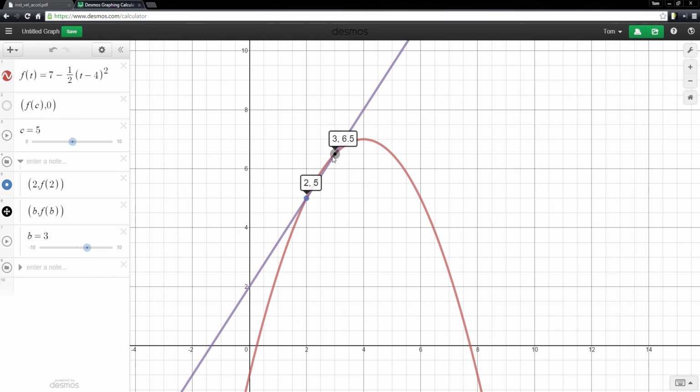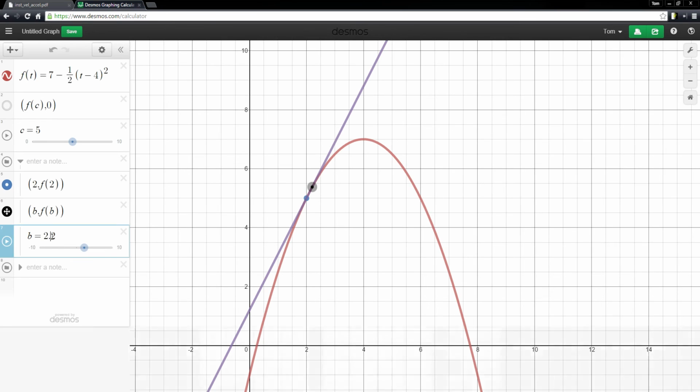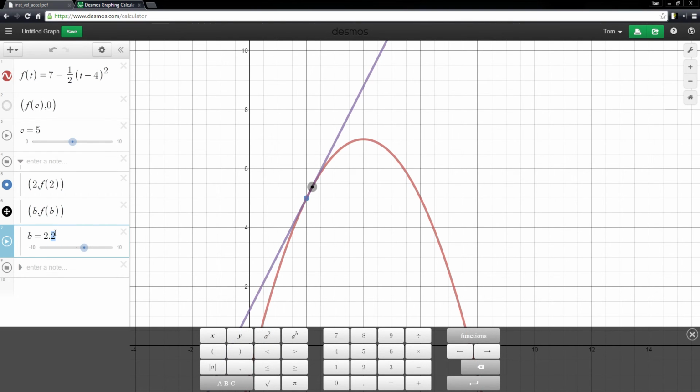Let me turn these points off. And then we're going to make that time period even smaller, even smaller, even smaller here. And I think that the smallest I can make this on Desmos is 2.01.